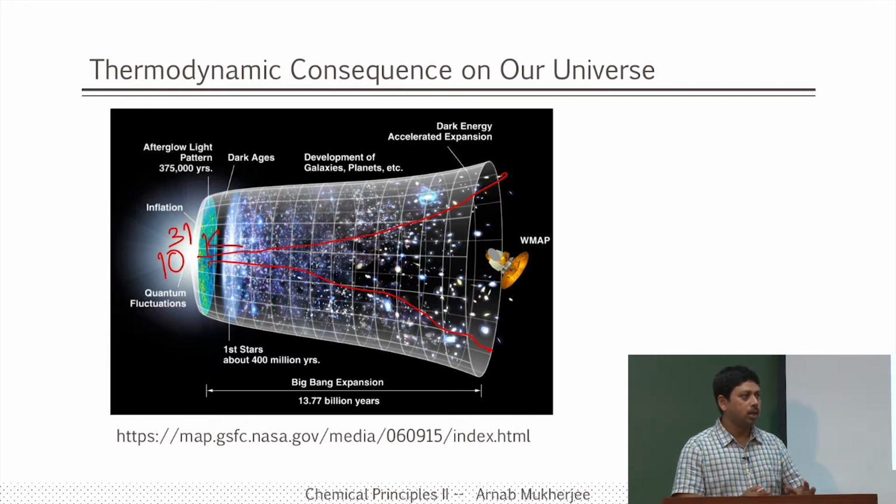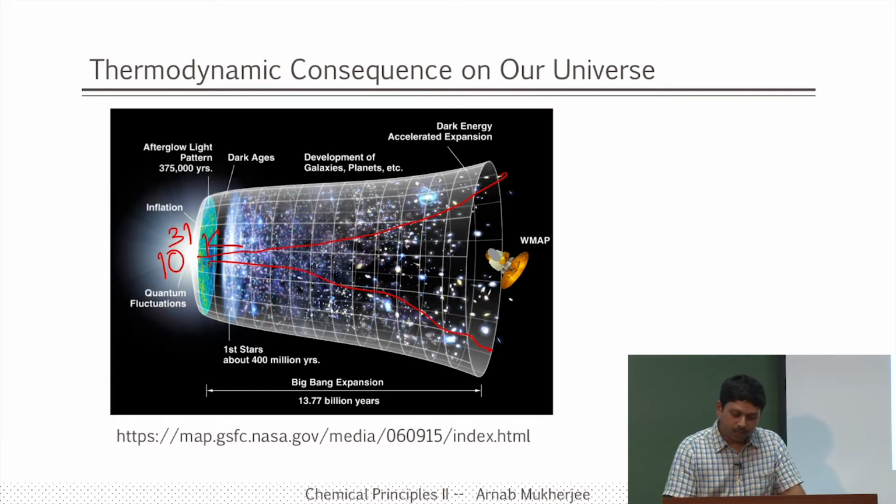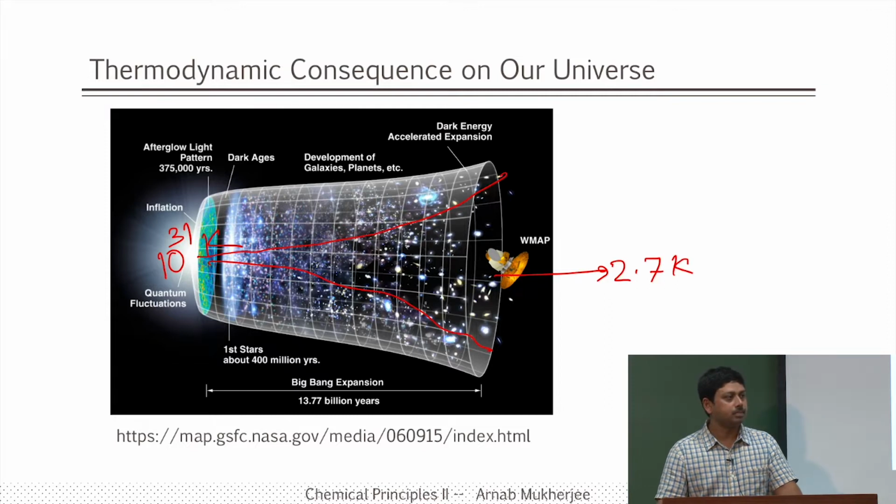Now, soon from that energy, matter got created. Hydrogen and helium were the first two elements that got created after the Big Bang. First of all, electrons had to combine and hydrogen had to form, and then the expansion cooled down the overall temperature of the universe, and right now the temperature of the universe is around 2.7 Kelvin.